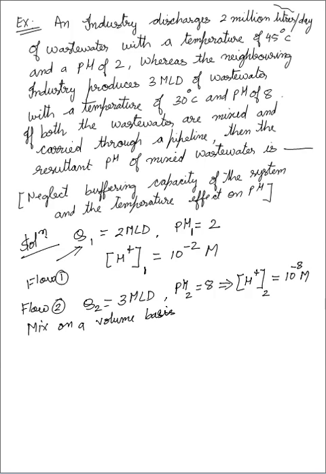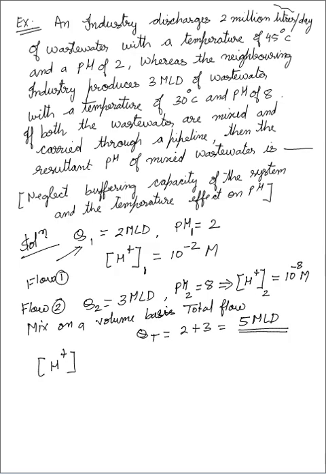Now see, total volume or total flow rate QT. So it will be basically how much? 2 plus 3 MLD. So 2 plus 3 MLD is equal to 5 MLD. So basically total mixture will be 5. So let's take the weighted average.